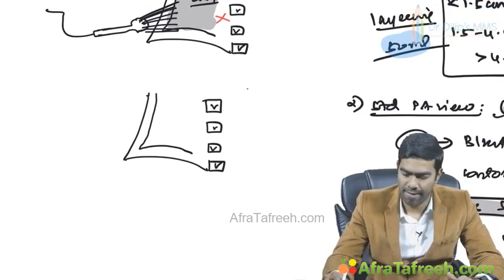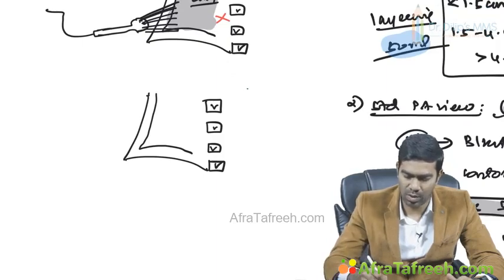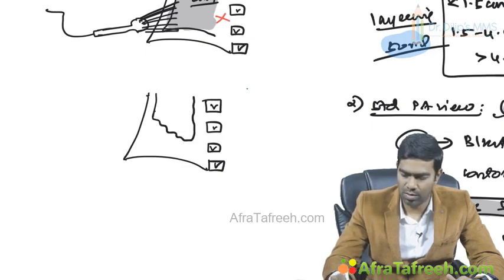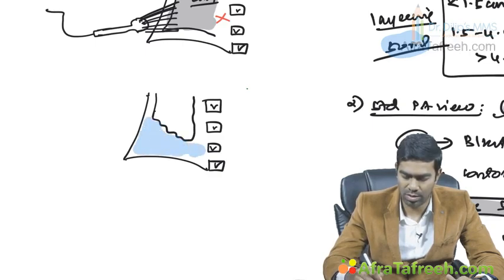Suppose you have an effusion, this area of the lung will be collapsed. So the lung will look something like this, and this area will be filled with pleural fluid, right? So this is an effusion.